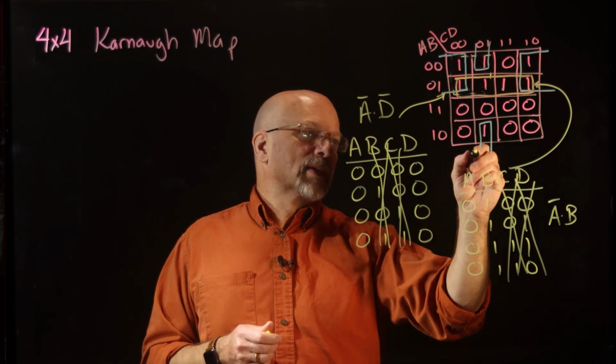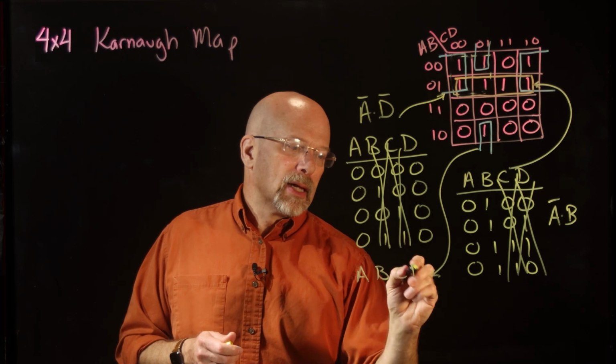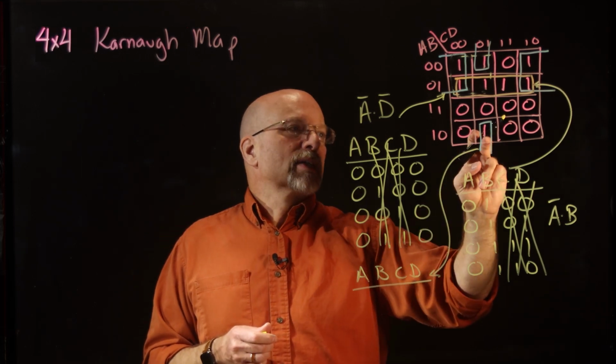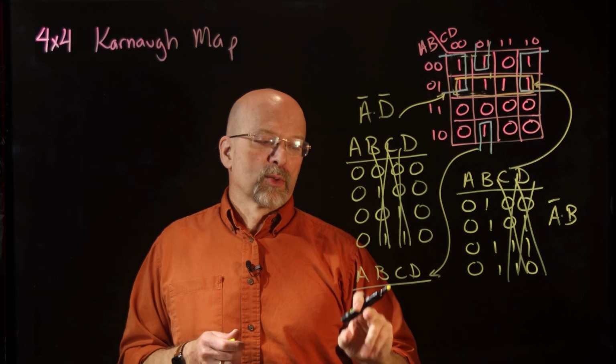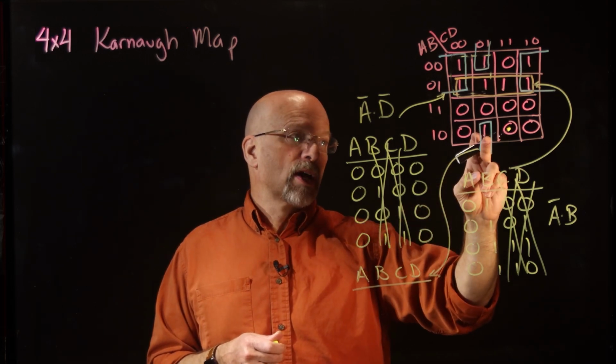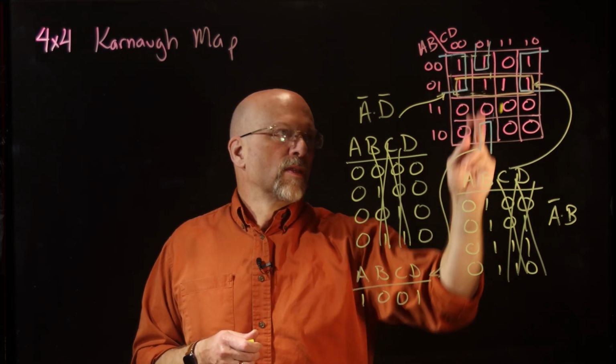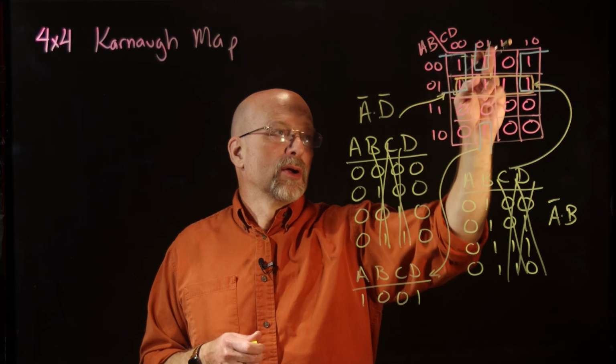And we've got one more rectangle. For A, B, C, and D. This rectangle right here, we've only got 2 cells. We're only going to have 2 rows. So only one variable is going to drop out. This cell right here is 1, 0, 0, 1. This cell right here is 0, 0, 0, 1.